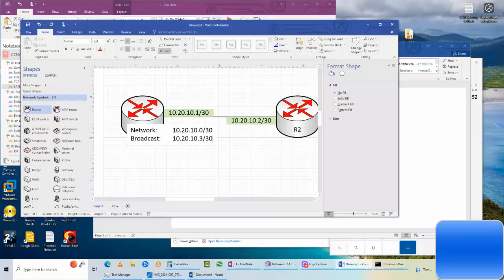So the network address and the broadcast address. Remember, unless you set a certain command in Cisco's IOS, you can't use those from a standard TCP/IP perspective. As a matter of fact, in Windows it's not going to let you do it at all.